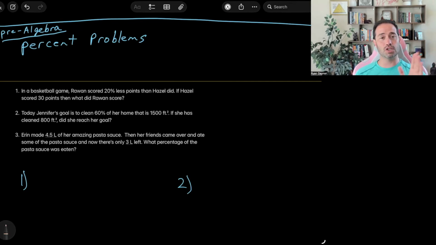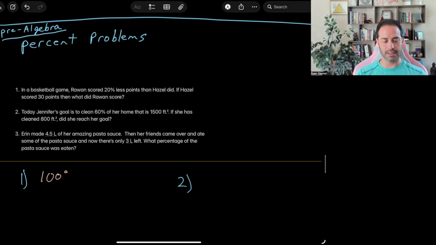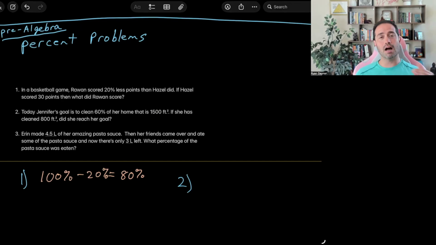So if Rowan scored 20% less, that means we take 100% minus 20%, and we would get 80%. So that means that Rowan scored 80% of what Hazel scored.